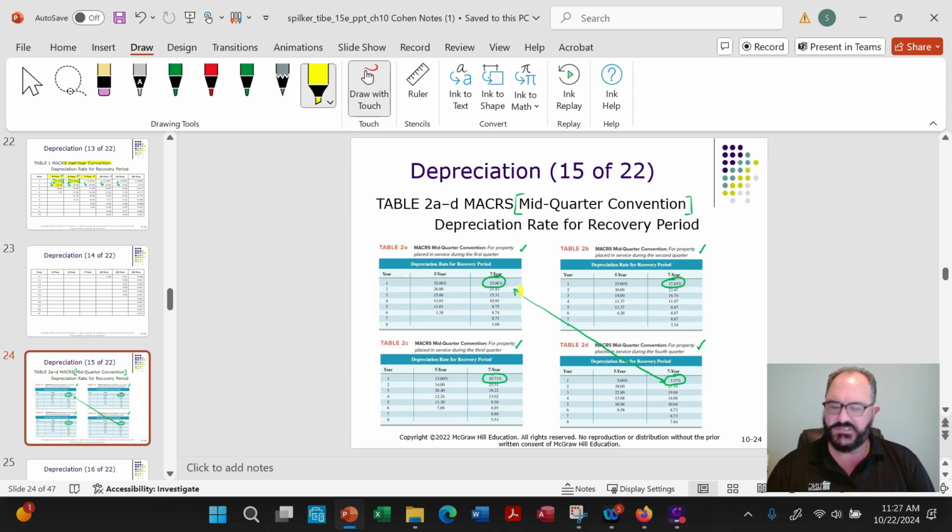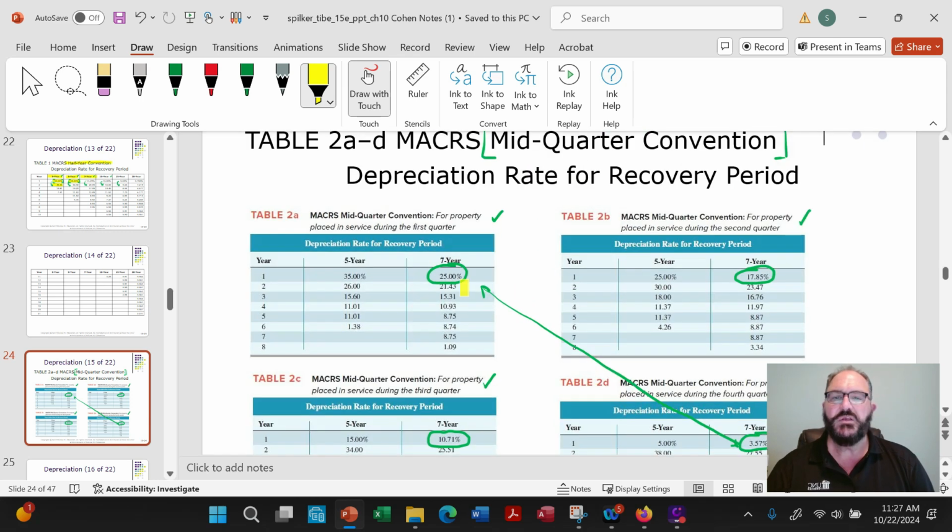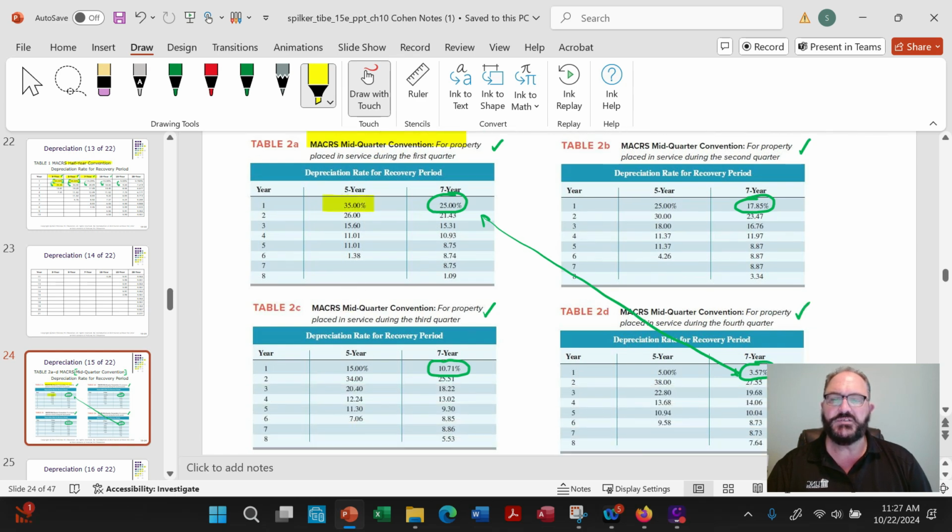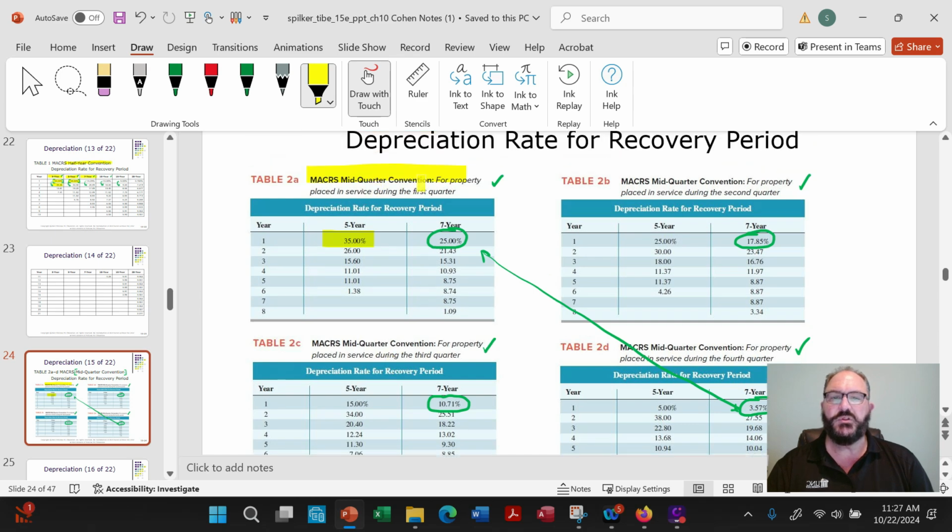I don't think you could, let me see if I can make it bigger. Maybe you can see it better. So the mid-quarter, okay, for mid-quarter, normally, if it's a 5-year item, you're going to wind up getting 35% in the first year. Mid-quarter for property placed in service during, so this is during the first quarter, this is during the second quarter, this is the third quarter, and then the fourth quarter.